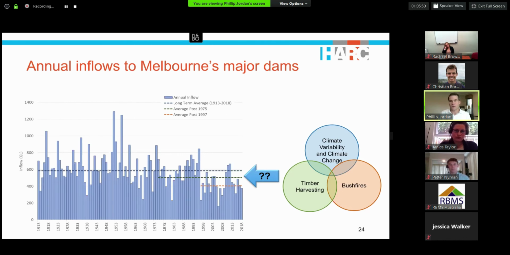And that's caused by some unknown or difficult to tease out interaction between the three factors. So a lot of it is probably caused by that climate variability and climate change component, but there could well be significant interactions with timber harvesting and bushfires, and how those interplay in the future is going to be really important, which is really where my next slide goes.